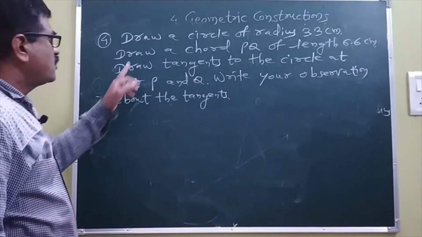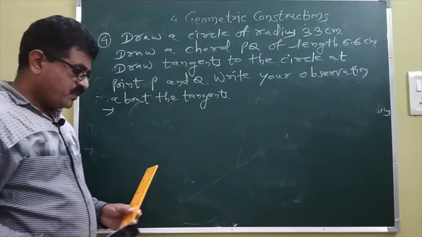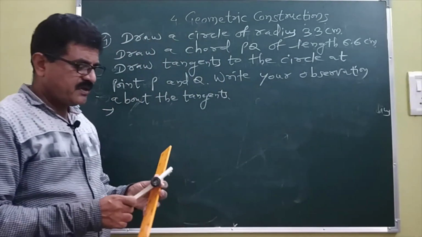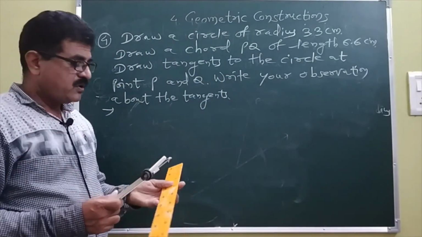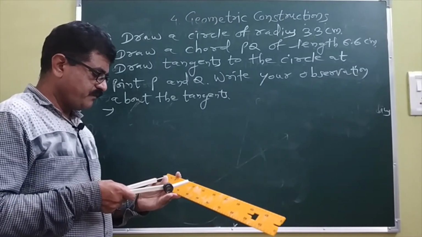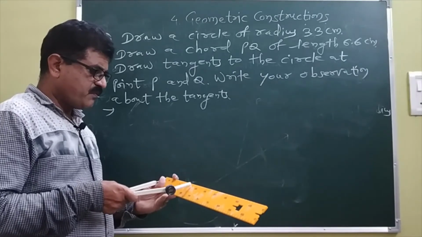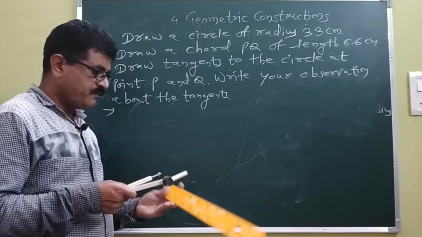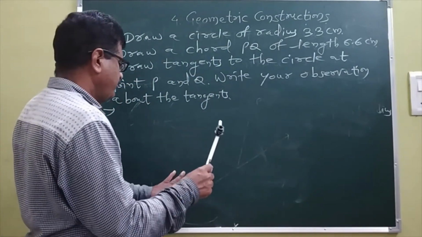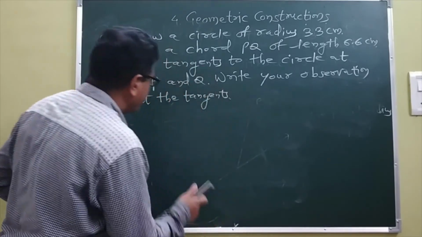Now first, we have to draw a circle of radius 3.3 centimeter. Therefore, for this first step, on the scale, take a measurement of 3.3 centimeter. Draw a circle of radius 3.3 centimeter.